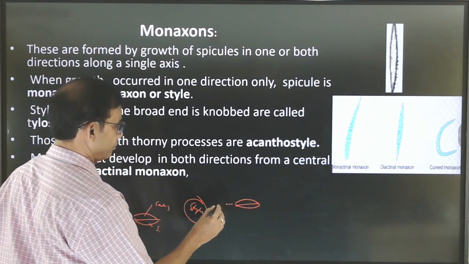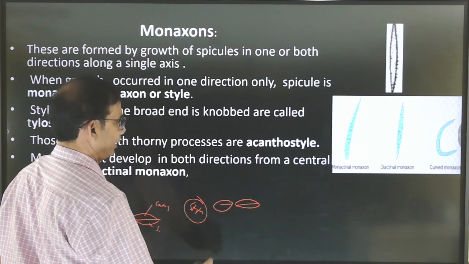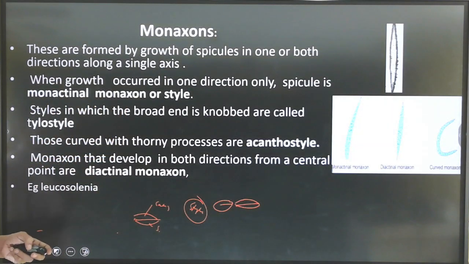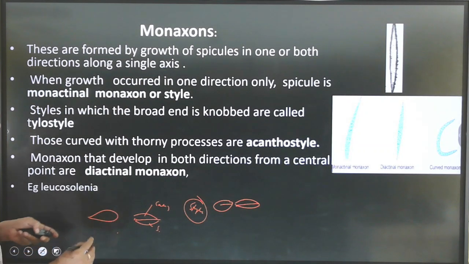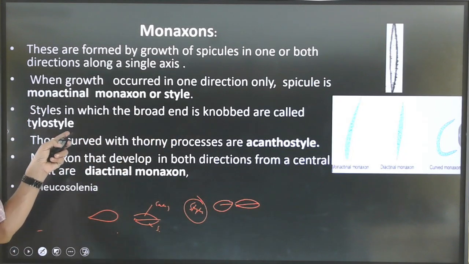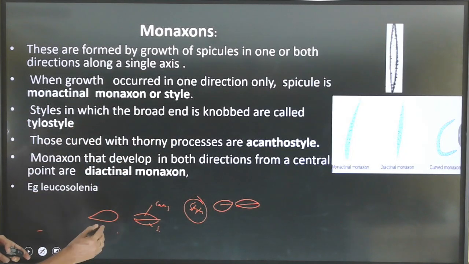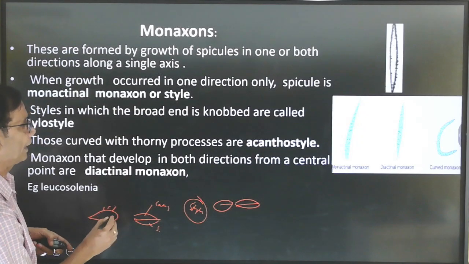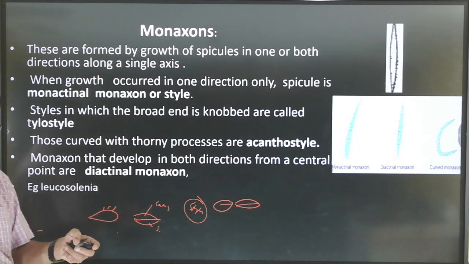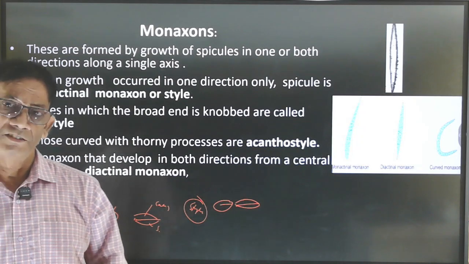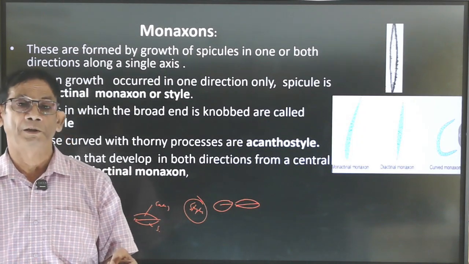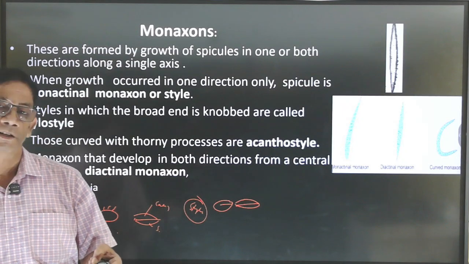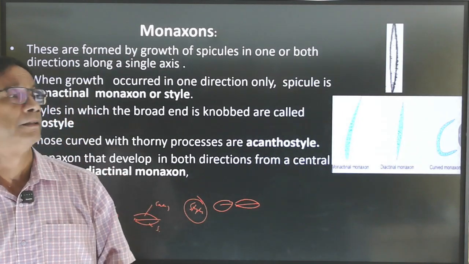When it occurs in both directions, it is called diactinal monaxon. When this style has a knobbed end, it is called tylostyle, and when it has thorny processes, it is called acanthostyle. The main example of monaxon spicules is present in the species Leucosolenia.